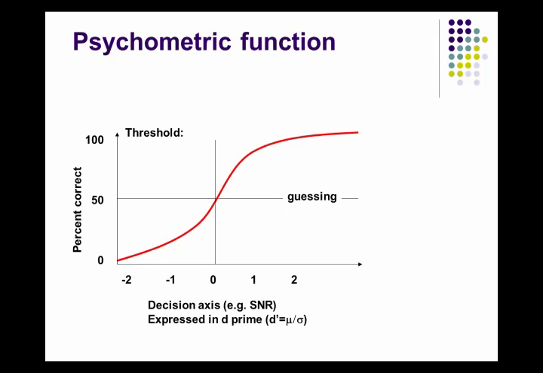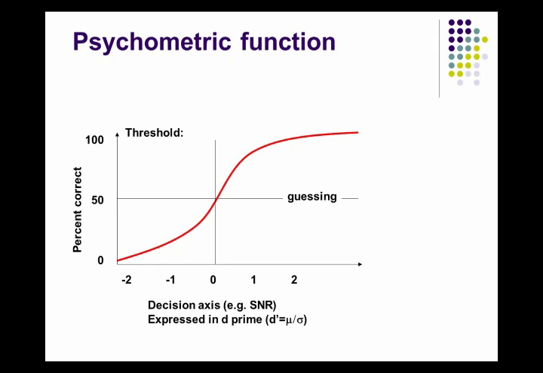DPrime of 0 means the signal is so quiet that you can't hear it at all. You will always have to guess if the signal is there or not. Then you have a 50% chance of being correct. If you go higher in DPrime, 1, 2, 3, 4, you get better and better, up to high DPrime values, 3 or 4, where you approach 100%.